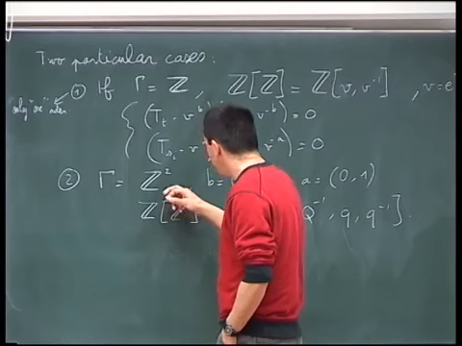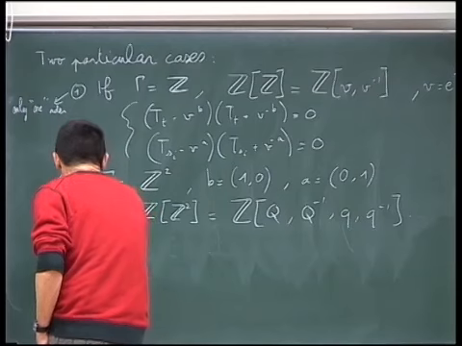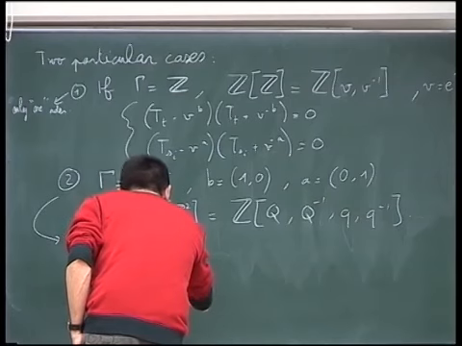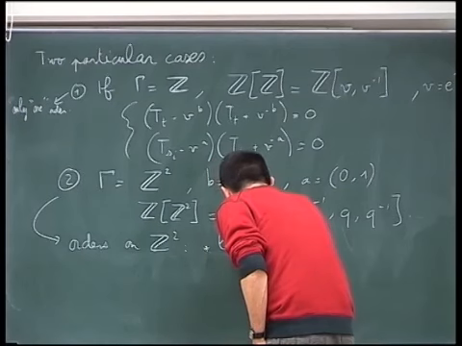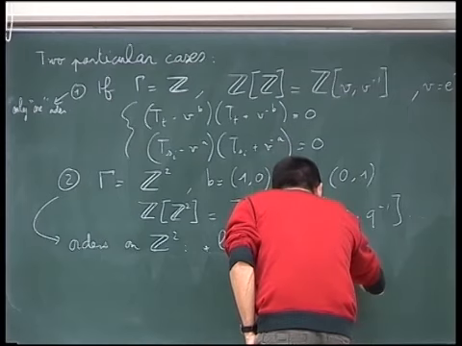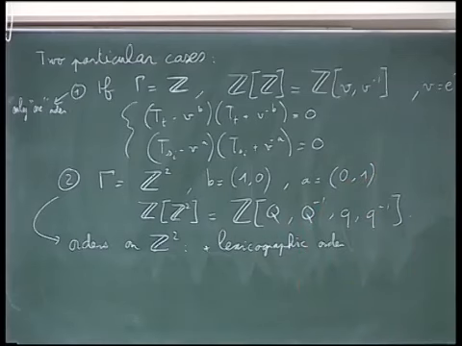What are the orders on Z2? There are many orders on Z2. The first one is the lexicographic order. You have two elements, and the lexicographic order is compatible with the group law.